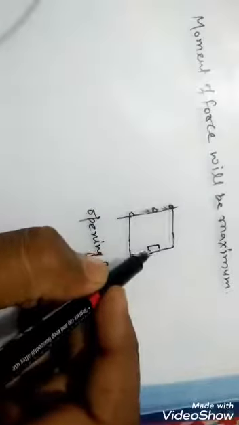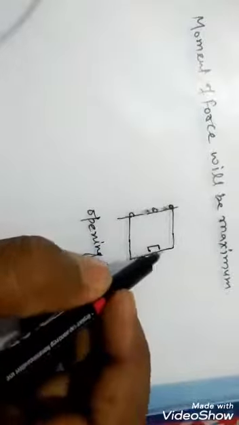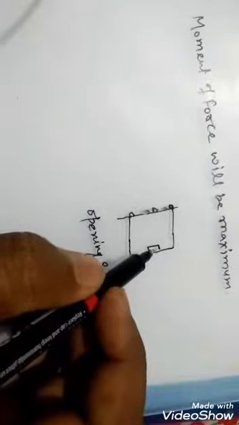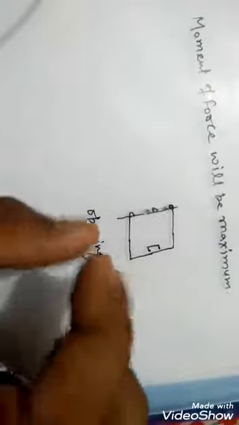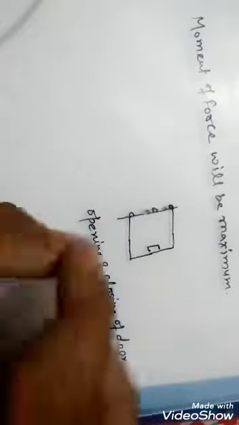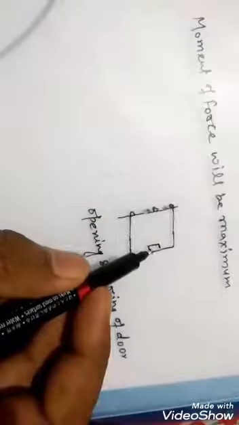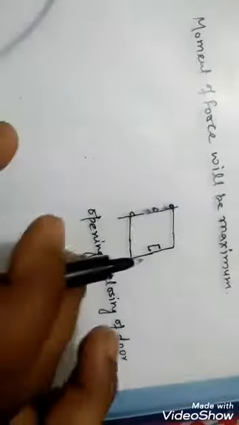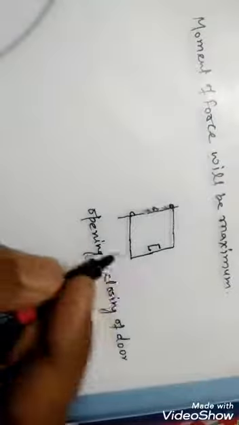At the free end, the handle is located, due to which we can easily open and close the door by applying minimum force. If the handle is placed other than at the outer edge, then it is difficult to open the door, or more force is required to open it.